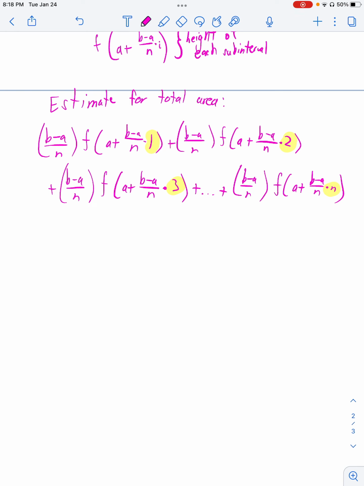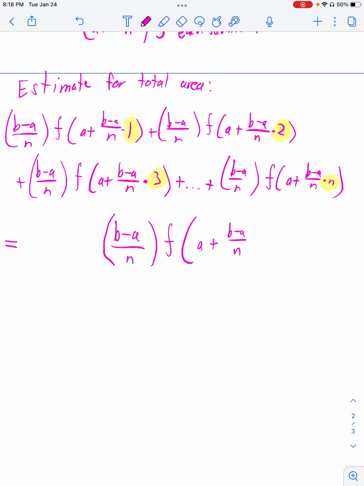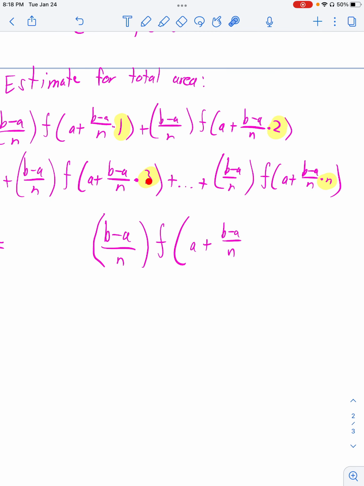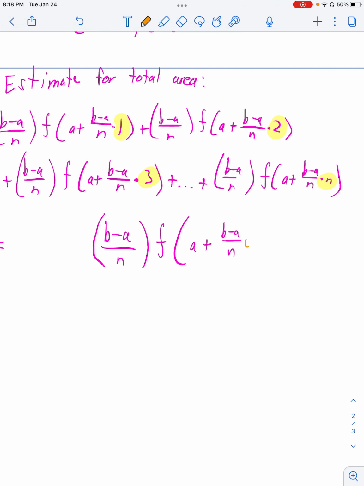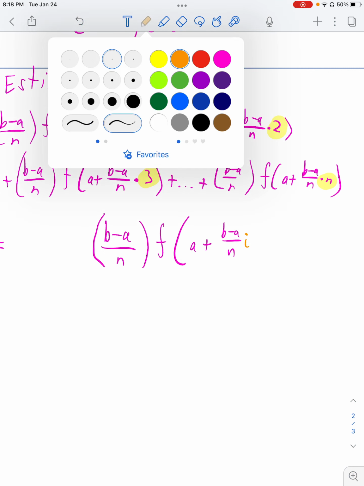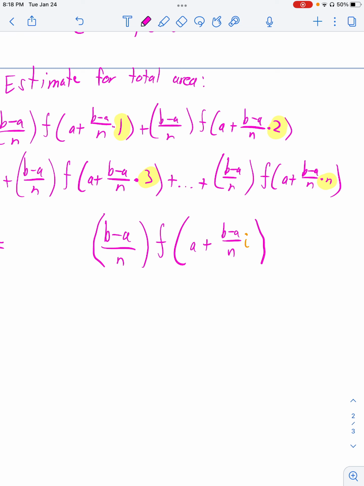So what I told you guys was, copy everything down that doesn't change. We're going to try to write this in sigma notation. So then f of a plus (b minus a)/n. And then for the stuff that is changing right here, you just write an i where the numbers change.